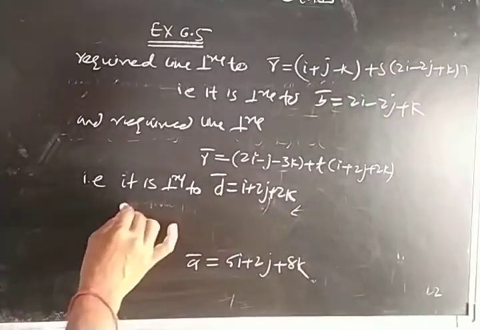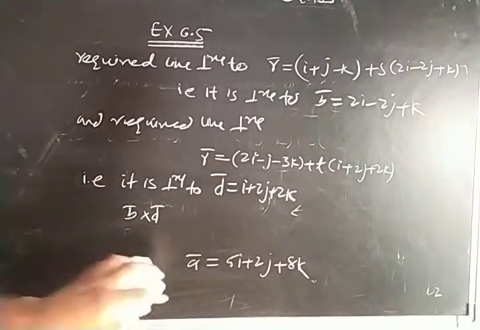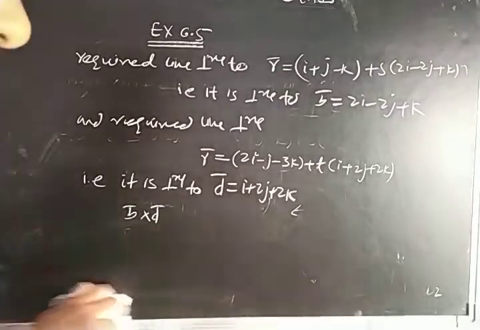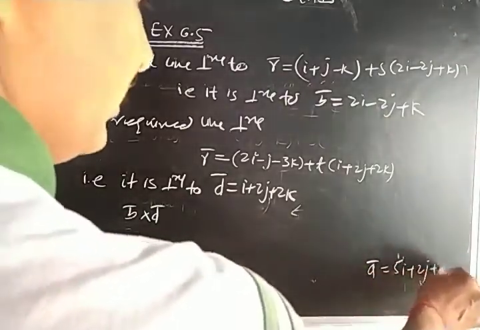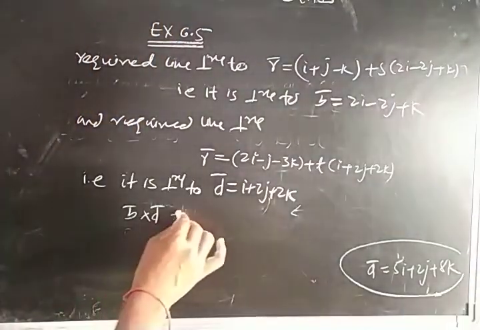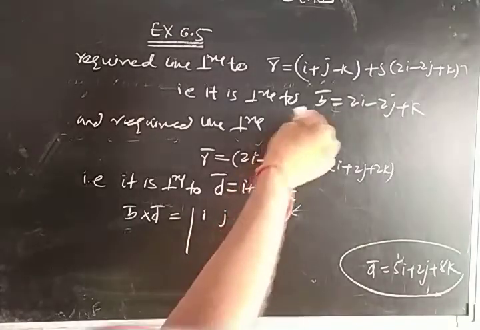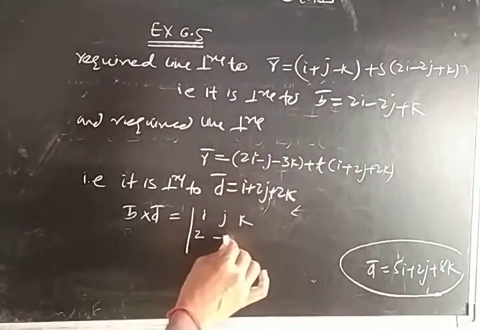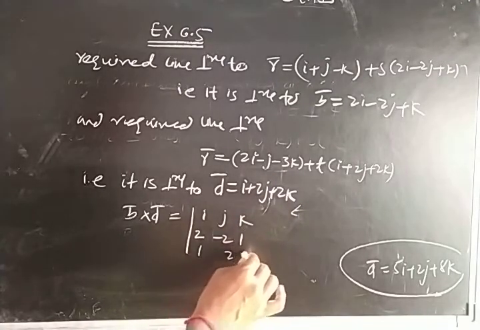Now find B cross D bar. Let me write a bar here, 5i plus 2j plus 8k. This is a bar, the position vector. Now I am finding B cross D bar. i, j, k. B components 2, minus 2, 1. D components 1, 2, 2.